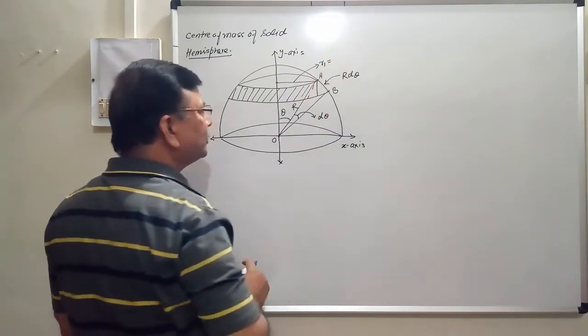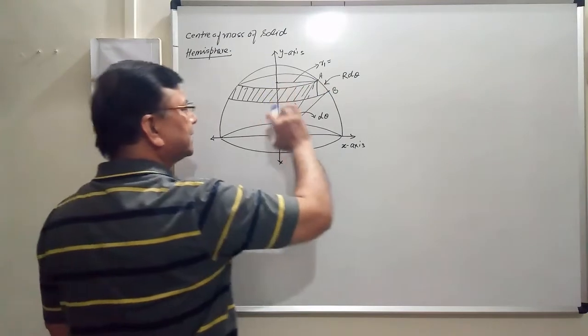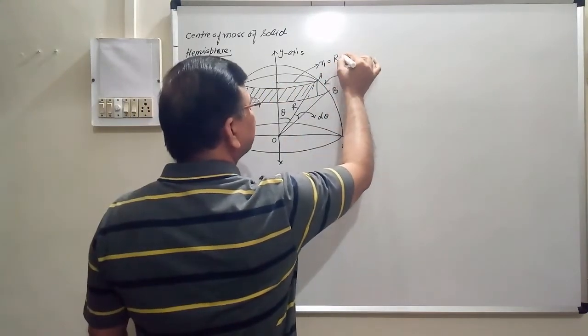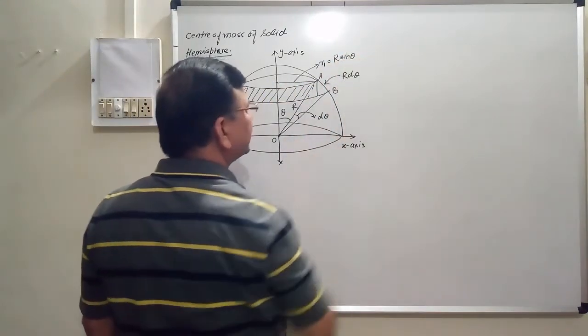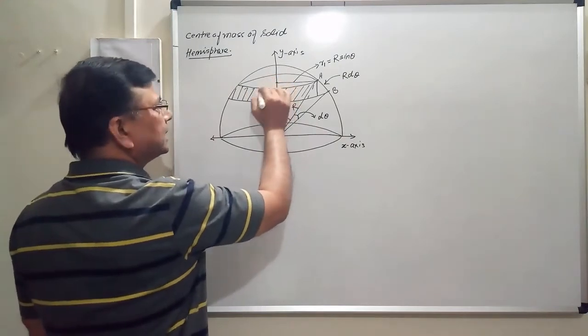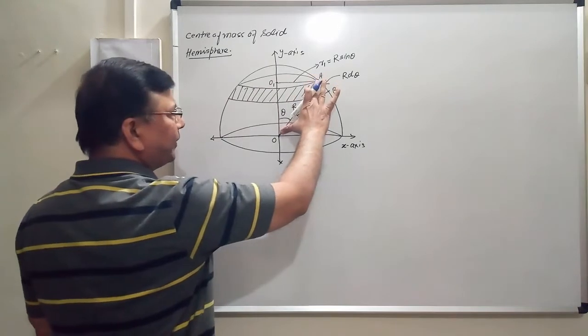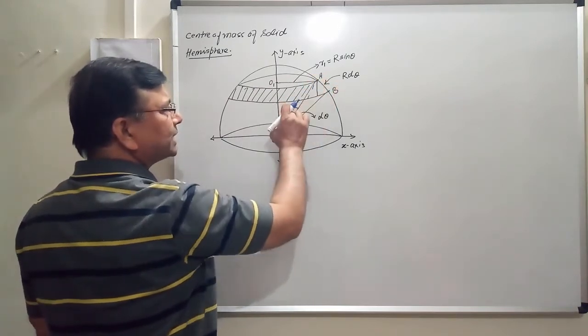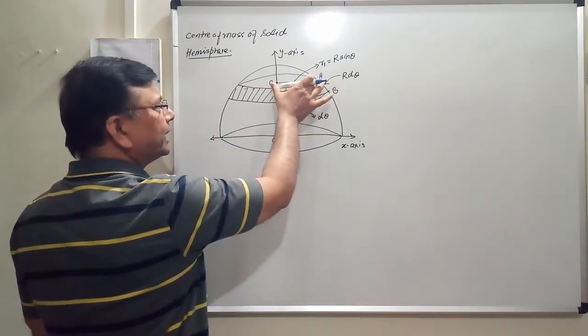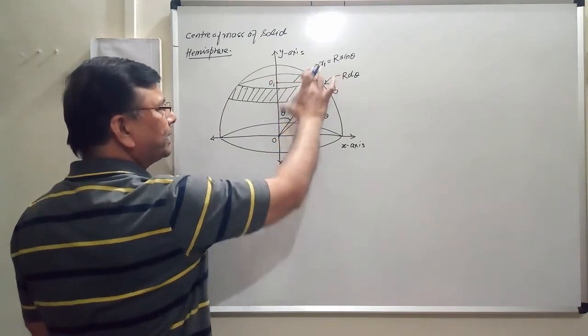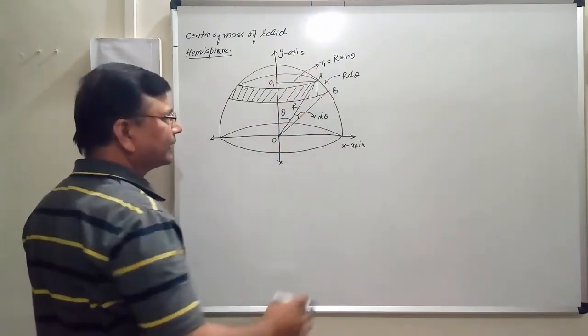So this is equal to r sine theta. Why? Suppose it is O1. So O1A upon AO is equal to sine theta. So O1A, that is r1, is r sine theta.